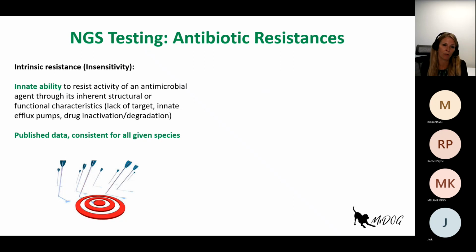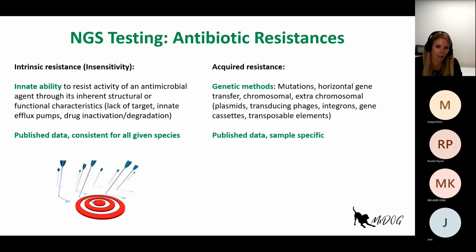So this is all based on published data. It's always consistent for all given species. So all strains of E. coli will have the same type of innate ability to resist an antibiotic. All Staphylococcus intermedius will have the same resistance. So you basically can look it up in a database whether the organism will be resistant to this antibiotic or not based on intrinsic resistance.